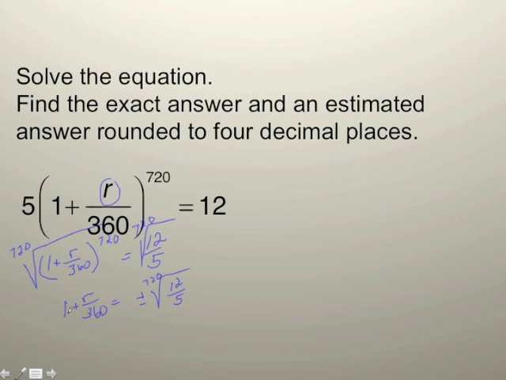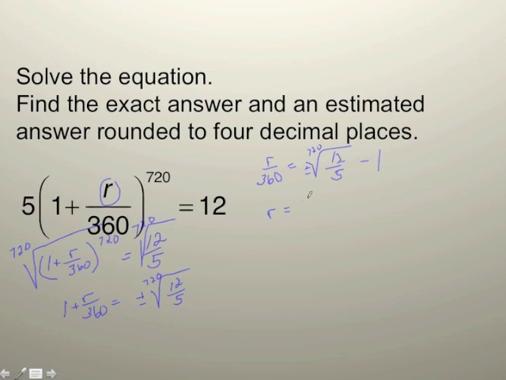Getting this on one side, I'm going to subtract the 1. So r over 360 equals the root, again plus or minus, of 12/5 minus 1. And now I need to multiply by 360, since currently I'm dividing by 360.